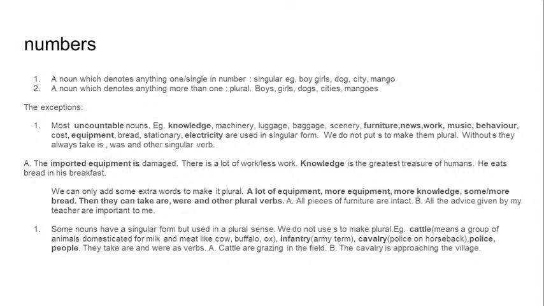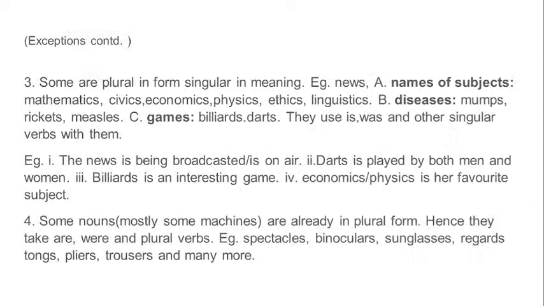We will say cattle are grazing in the field, because are is the plural verb of be, right? We will say the cavalry are approaching the village. Infantry, cavalry, police, people, even that. We will not say one people is coming. People always means plural.